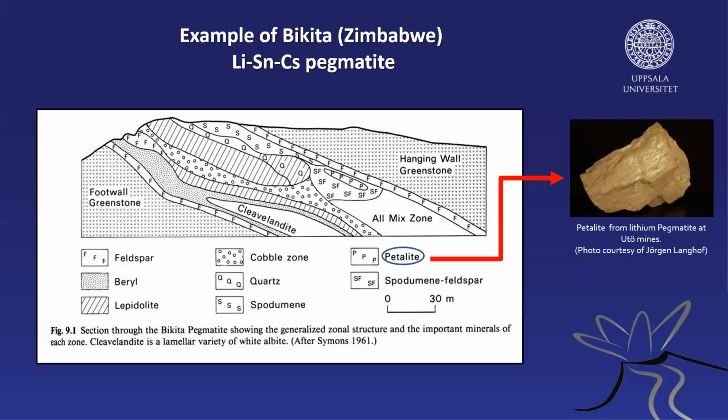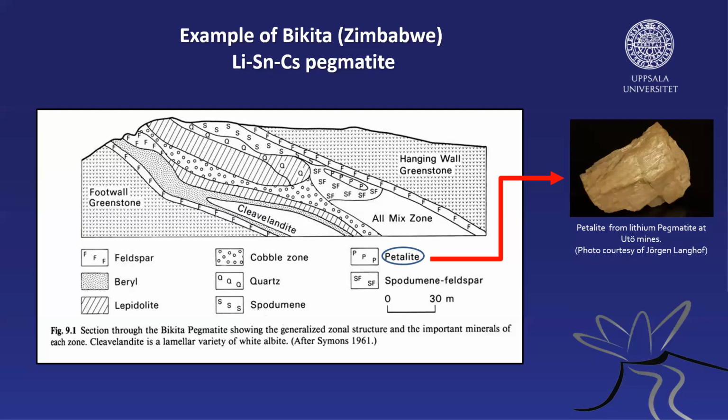So that is really interesting if we want to mine to extract lithium. Then we have a zone here where we have quartz. Quartz is interesting if you want to make glass. And here our friend, the lithium pyroxene, spodumene.